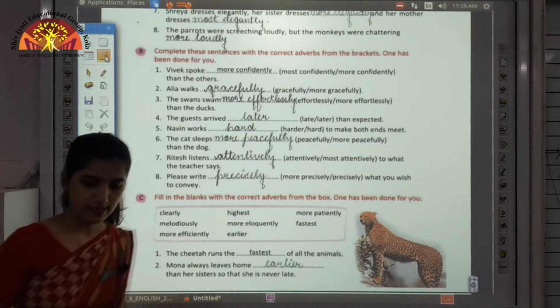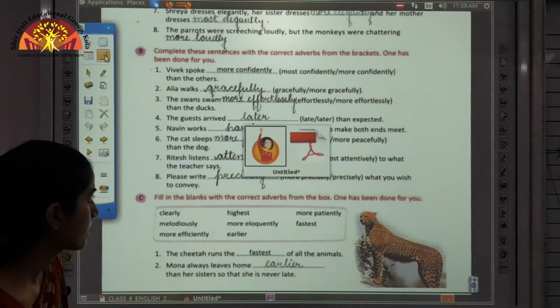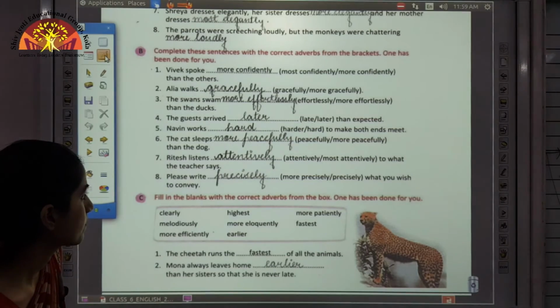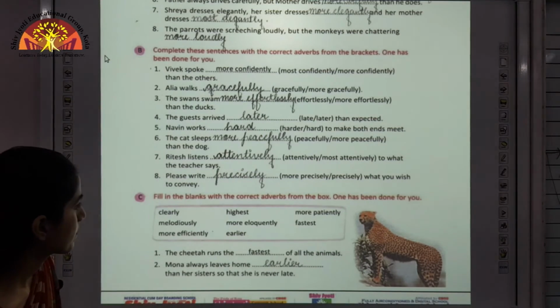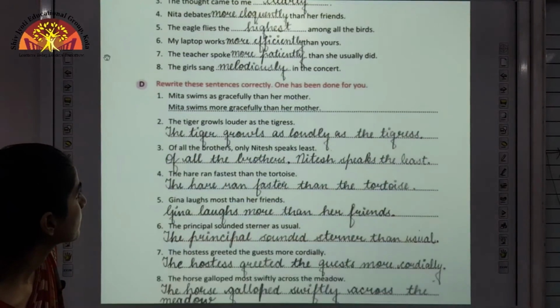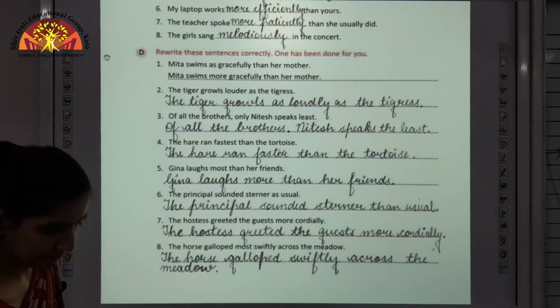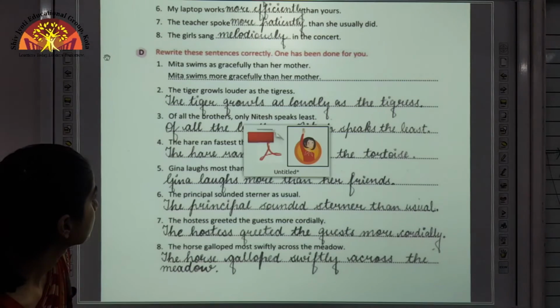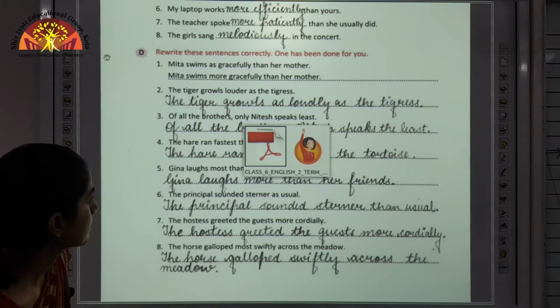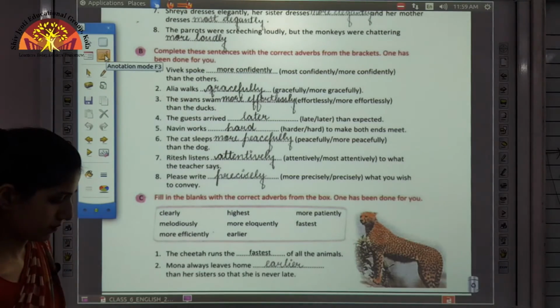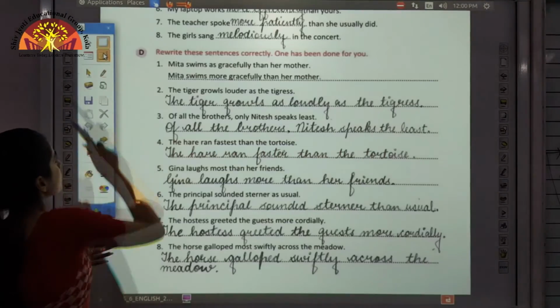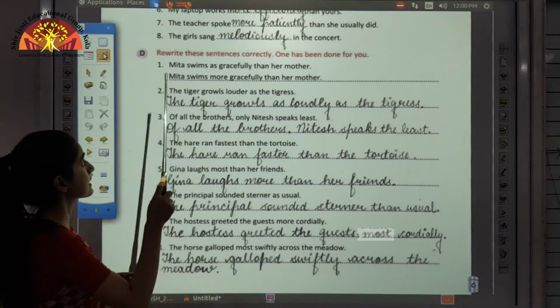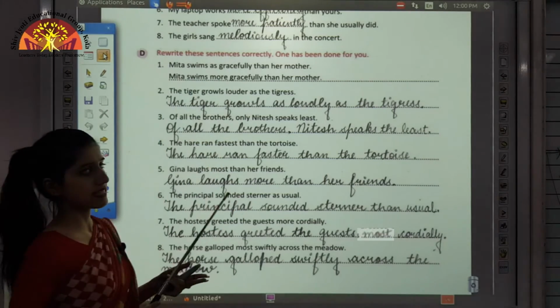Now moving to your last exercise. Rewrite these sentences correctly.